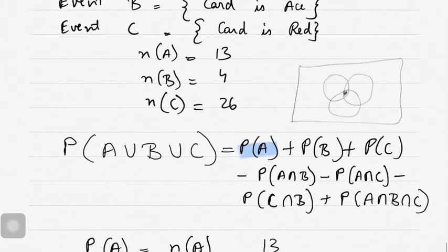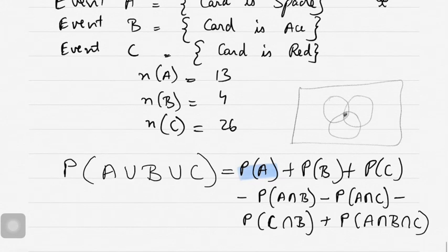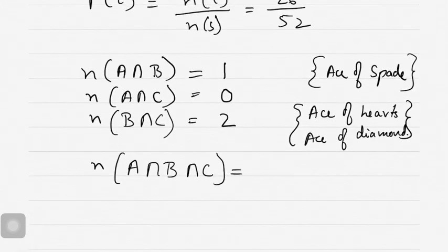A card which is spade also, which is ace also, and which is red also. Is that possible? No, it is not possible. A card which is spade cannot be red.